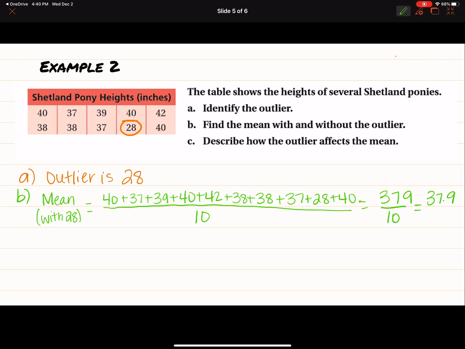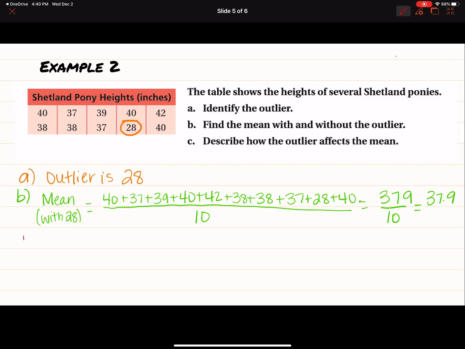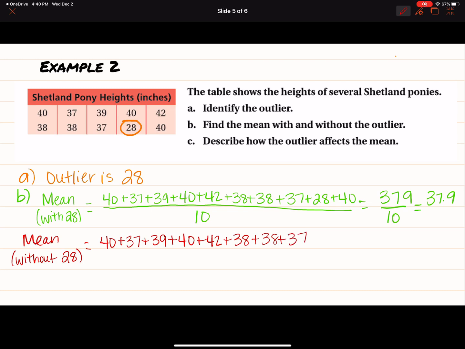Now let's find the mean without the number 28. And I'll do it in a different color here. So the mean without 28 is going to be 40 plus 37 plus 39 plus 40 plus 42 plus 38 plus 38 plus 37, skipping 28, plus 40.